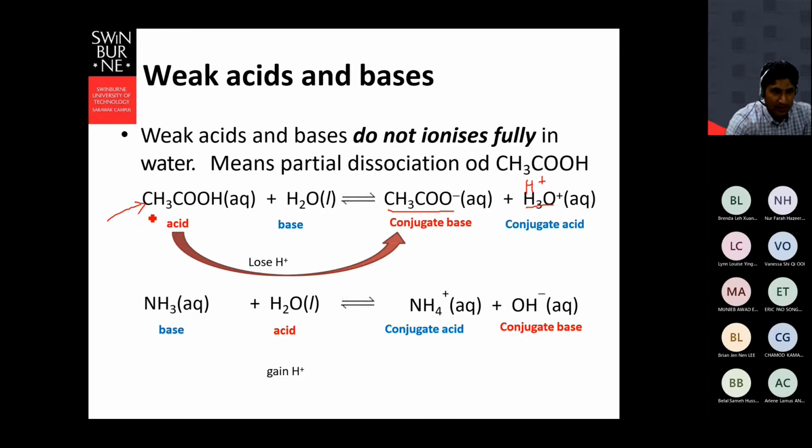Okay, and by losing that hydrogen ion, it is not an acid anymore, because it has lost the hydrogen ion already. So what is it now? It is able to receive a hydrogen ion later on. If somebody very strong comes and says, I have one extra hydrogen, do you want to take it?